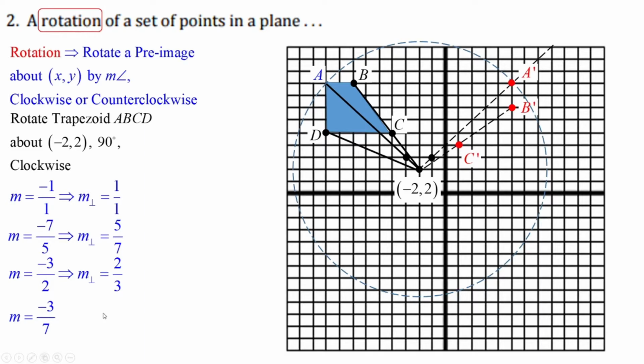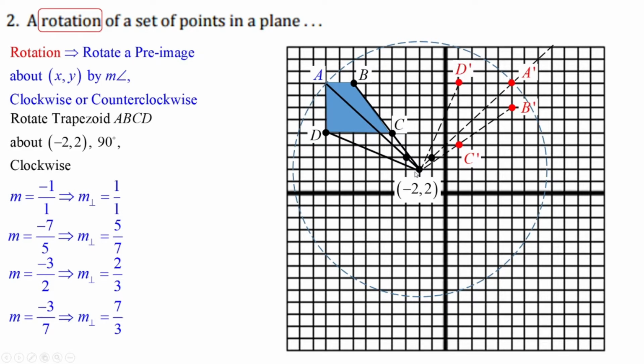And you guys can tell me the negative reciprocal of -3 over 7 would be positive 7 over 3. So let's just go up 7. 1, 2, 3, 4, 5, 6, 7, and then go to the right 3. 1, 2, 3. And there we go, and that's D prime right there.